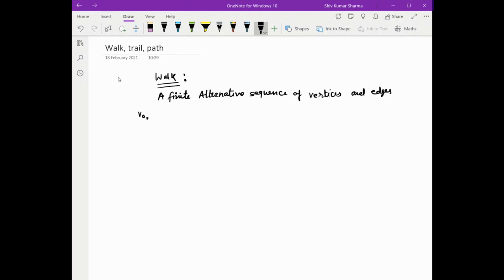We define it as V0, E1, V1, E2, V2, E3, and so on.